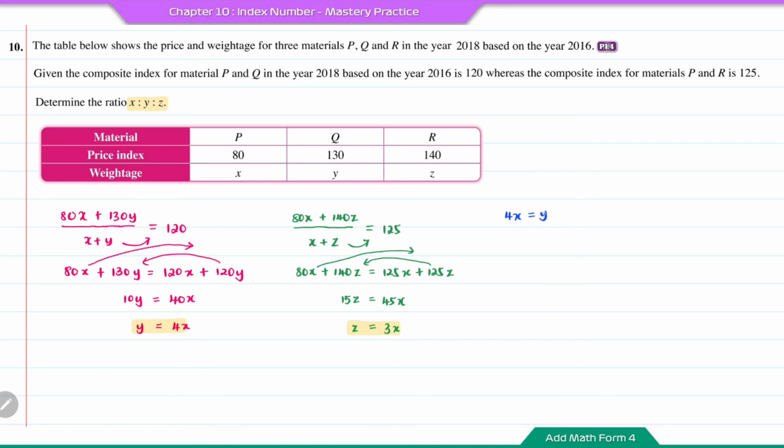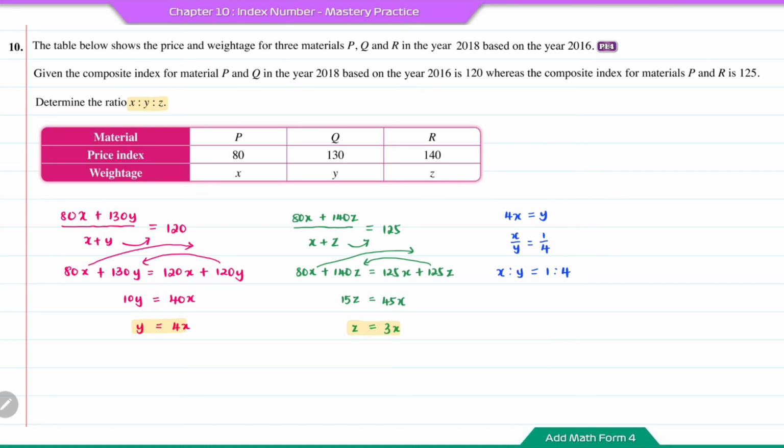Therefore, I'm going to move the Y to the left hand side. It will be X over Y, and when you move the 4 to the right hand side, it will be 1 over 4. Now, from these fractions, I can write the ratio of X to Y is equal to 1 to 4.